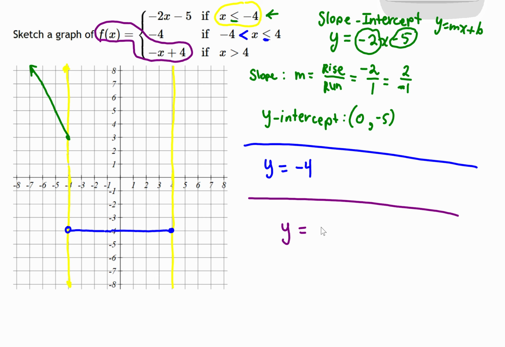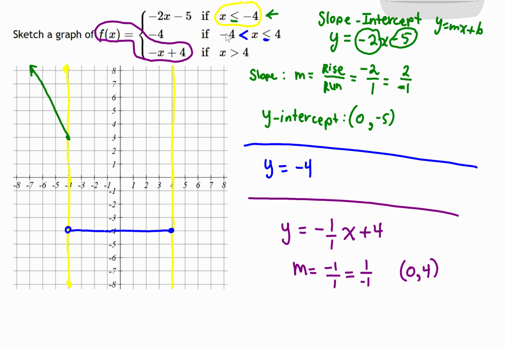So instead of writing -x, I'm going to write -1 over 1 times x plus 4. So then I have my slope of either -1 over +1 or +1 over -1. And I also have the y-intercept point 0, 4.